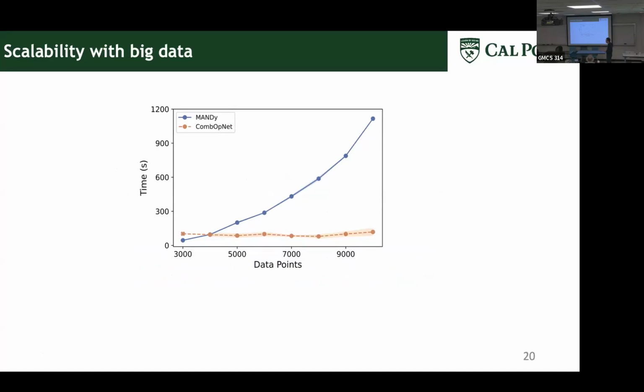I forgot to put the system here: it is still 20 dimensions, an example from the MANDy library. But the point here is that with CombOpNet, when you have sufficient data, meaning over 4,000 data points, the convergence time is relatively constant.